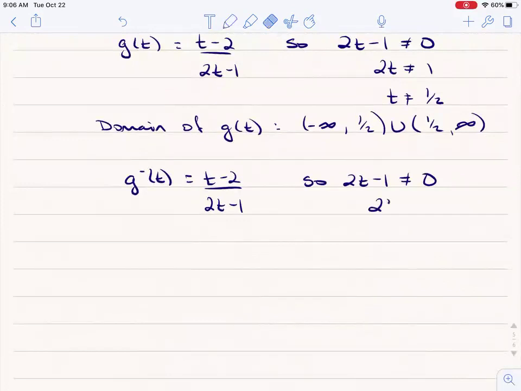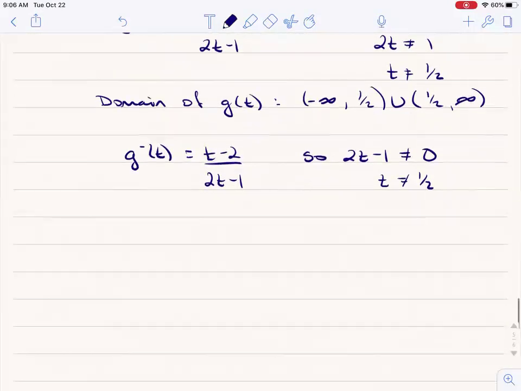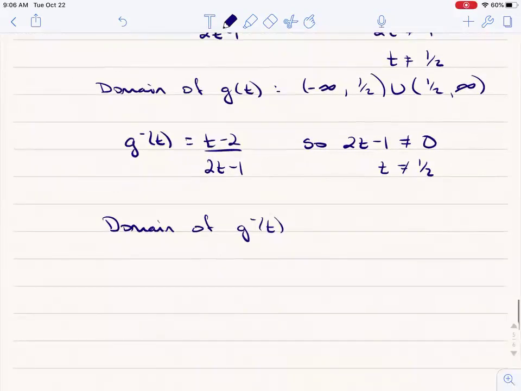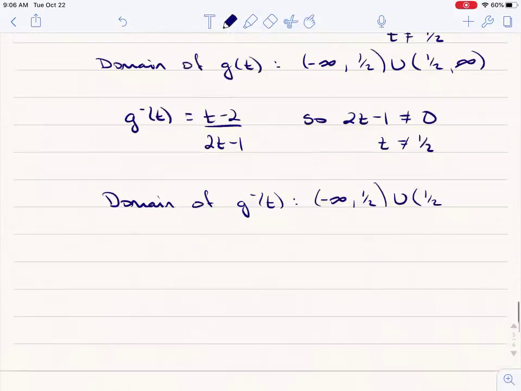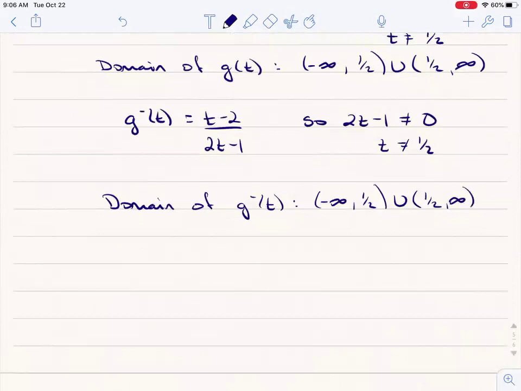I'm not even going to do it. t cannot be 1/2. So the domain of the inverse of g is also negative infinity to 1/2, and then starting back up at 1/2 up to infinity.